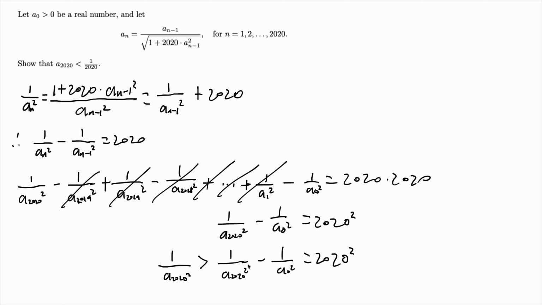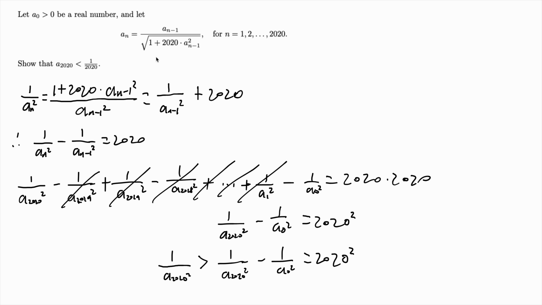Yes, this is always true because a sub 0 is greater than 0. Obviously I think a sub 1 should be greater than 0 because positive and positive. Because a sub 1 is greater than 0, a sub 2 will be greater than 0 with the same reasoning, and by induction we have a sub 2020 also greater than 0.